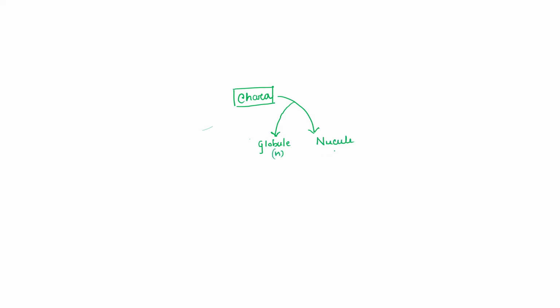This will produce n cells, right? This n cell means what? Antherozoid. And this is the ovum. Now fertilization will occur between this antherozoid and ovum. This will give rise to the oospore.